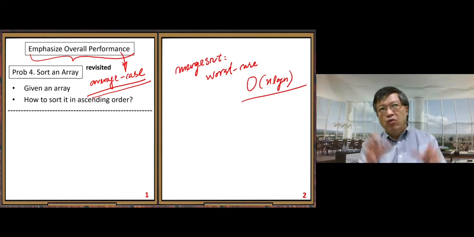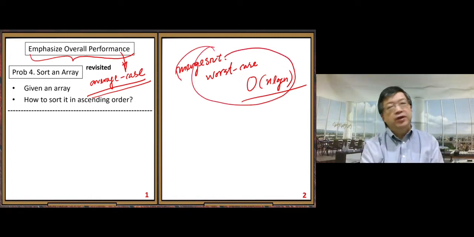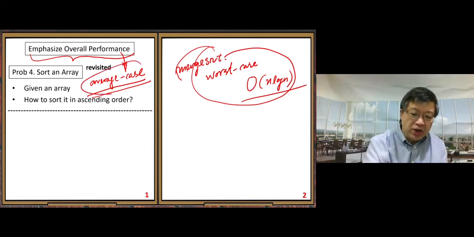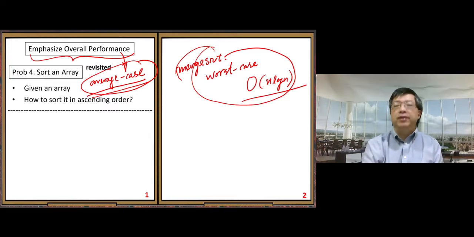We don't need this property. We want to have the best possible average case efficiency. All right, so now you understand we need to develop some new sorting algorithm.